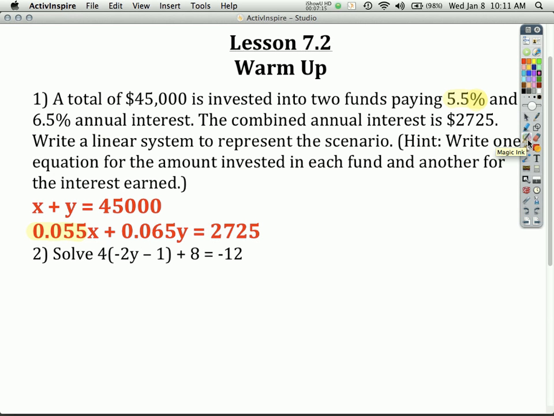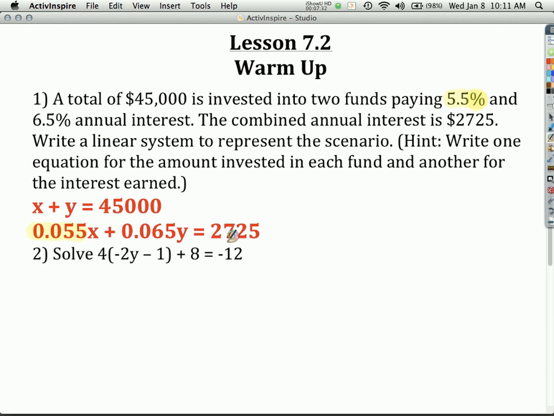Go ahead. I got the first part of the equations right, but how do you know how the 45,000 and 2,725? Oh, yeah, and that was really hard. So some people flip-flop these numbers, and it was very hard to tell. Okay, so this one in particular, because you've never invested anything before, you don't even know how the world of investing works. So it has to do with the numbers that are totals and what pertains to them.